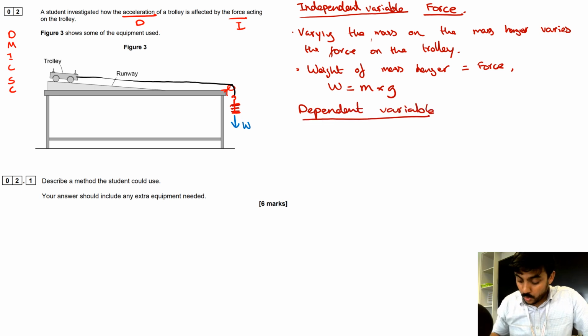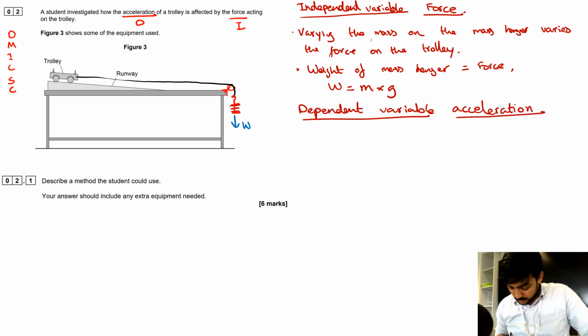This takes a little bit more effort. Acceleration. Make sure I don't spell it wrong. And I'm going to make spelling mistakes because I'm writing so fast. So, to measure the acceleration, you can mark out on the ramp 20 centimeters intervals using a meter ruler.